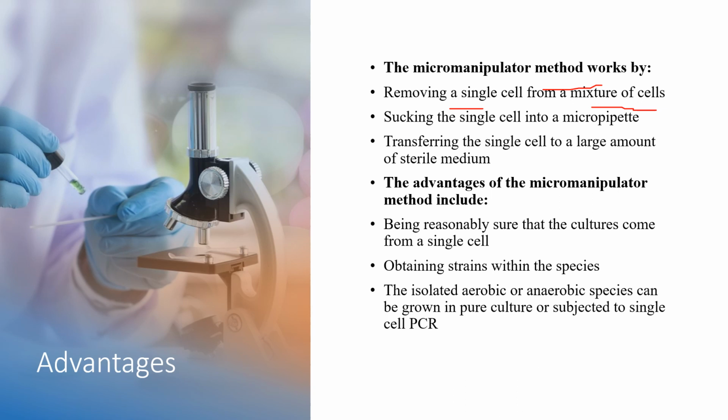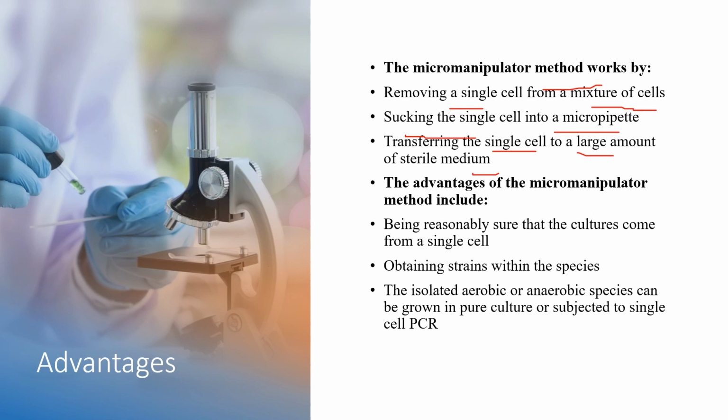It sucks the single cell into the micropipette and transfers the single cell to a large amount of sterile medium, where the cell will multiply, and later on we will transfer that drop into a large amount of media so that all the microorganisms can multiply, and we will get a pure culture of the microorganism.